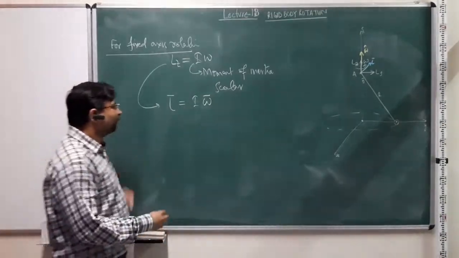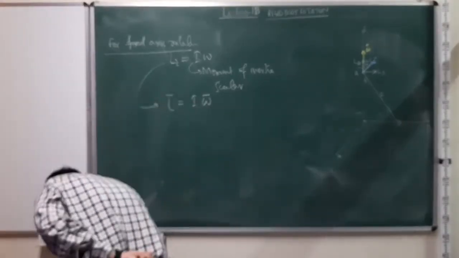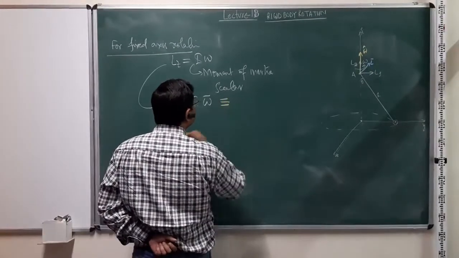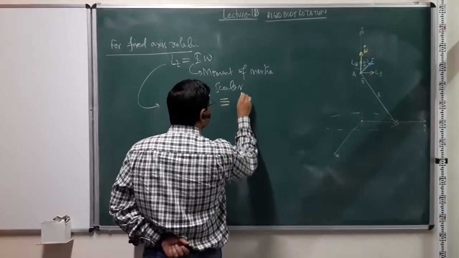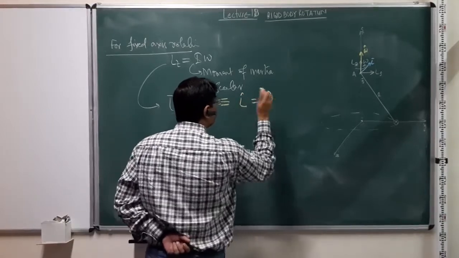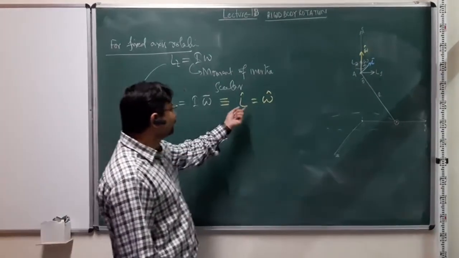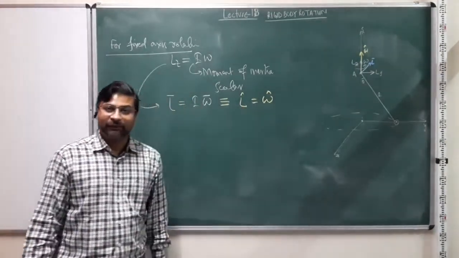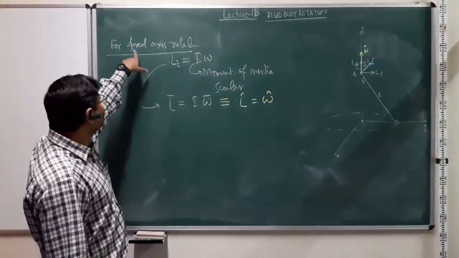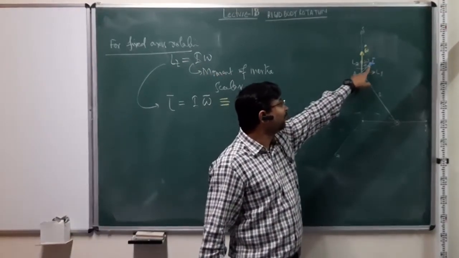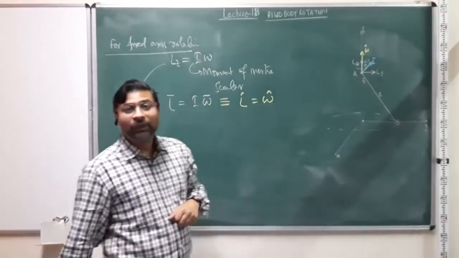When writing it like this, we are implicitly saying that the L vector is in the same direction as the omega vector. However, that's only true for fixed axis rotation. In general, L can be in any independent direction with respect to omega cap.